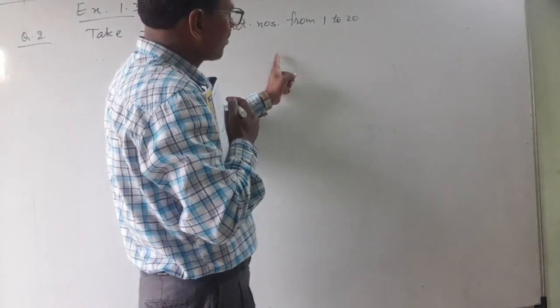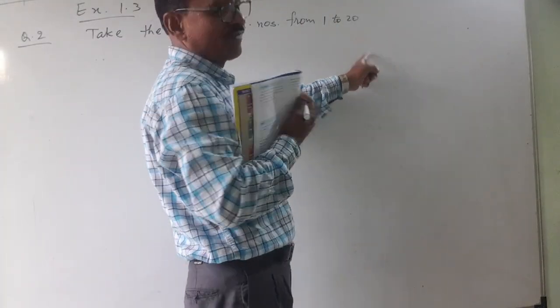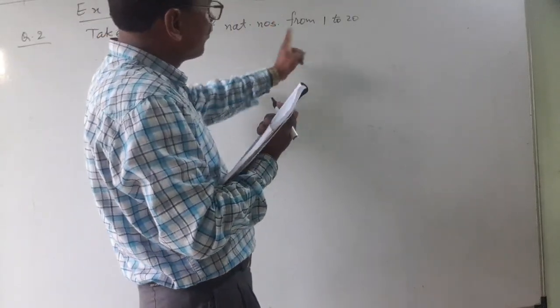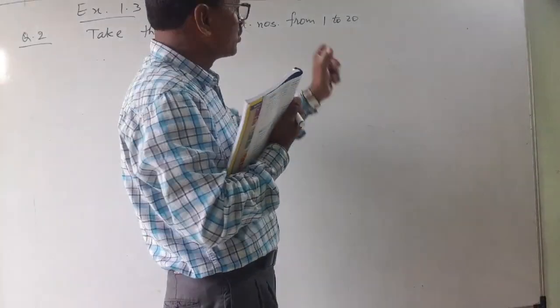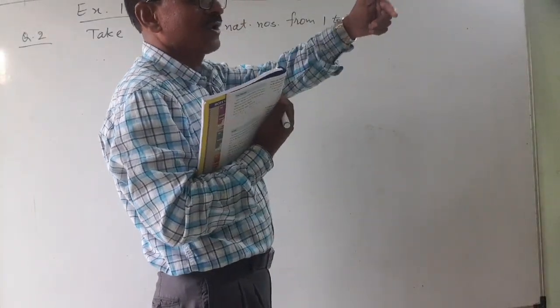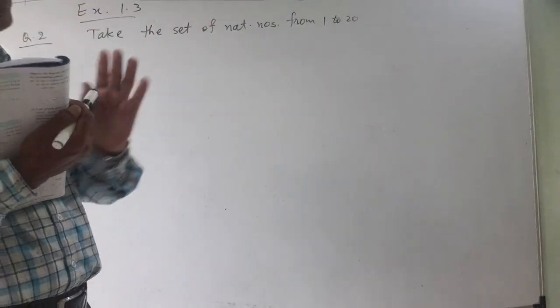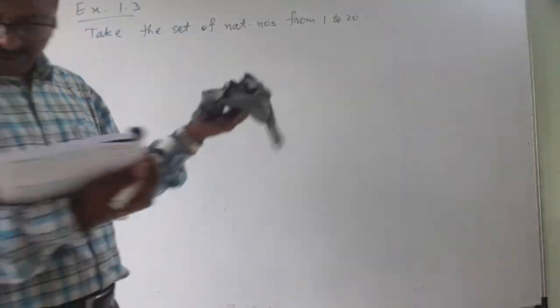Just remember this. From 1 to 20 means 1, 2, 3, 4, 5, 6, etc. But between 1 to 20 means 1 and 20 you can't take. Between them 2, 3, 4, etc. up to 19. That is the difference between from and between.